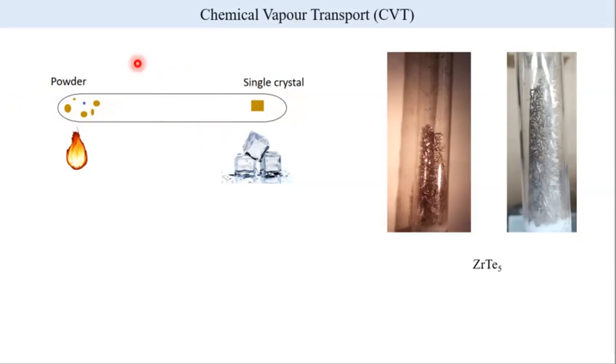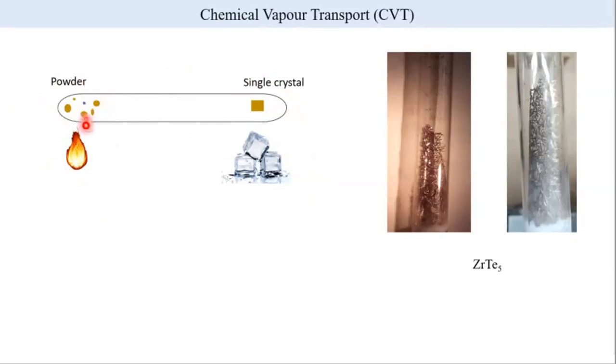Then you put this ampule in a furnace, one side in a hot zone and the other side in a cold zone. Here you can see the hot zone indicated by fire, and on that side you have the polycrystalline powder.